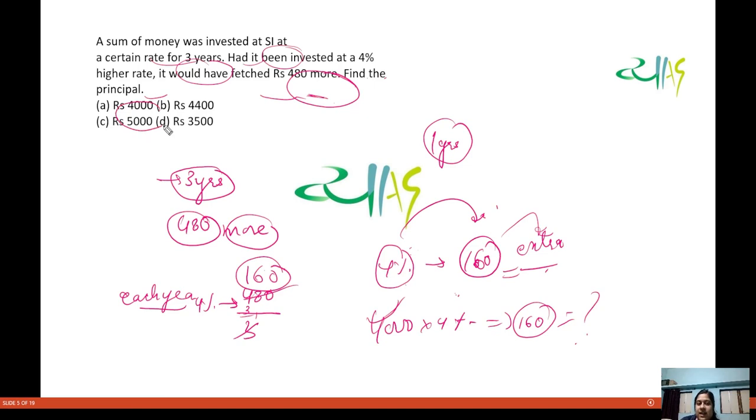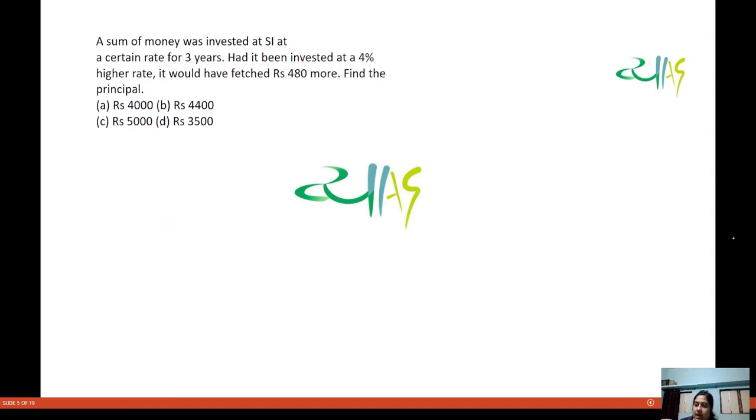So I didn't even have to do that process. This is very intuitive, but still I am telling you. See, there are two methods here as well.